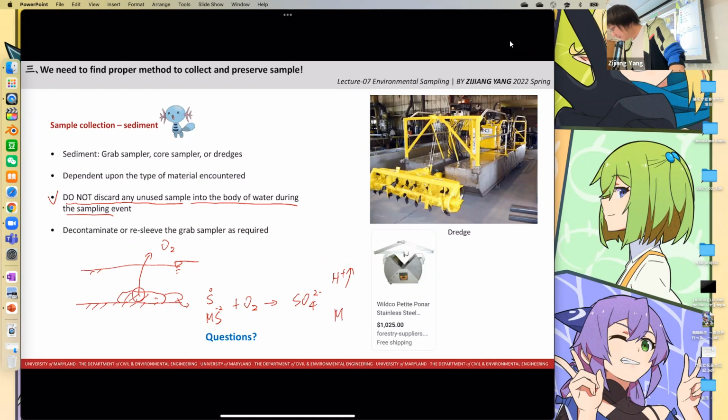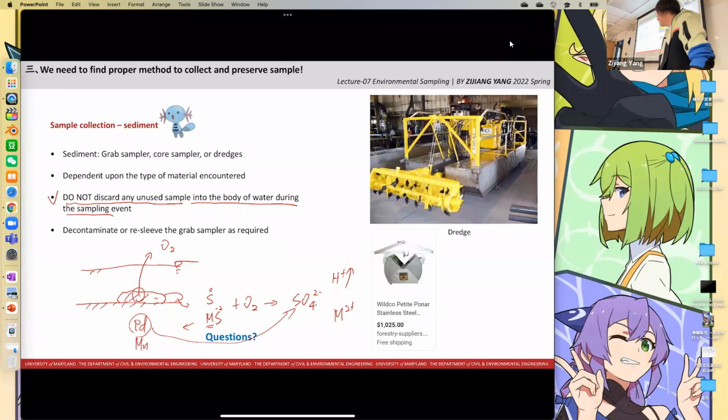On the other hand, we also have these metals, usually heavy metals like lead or manganese or some other heavy metals, and these are very soluble with sulfuric acid. When we put them back, because they have already been exposed to oxygen, these heavy metals will be dissolved in the water body, which is bad for the environment.